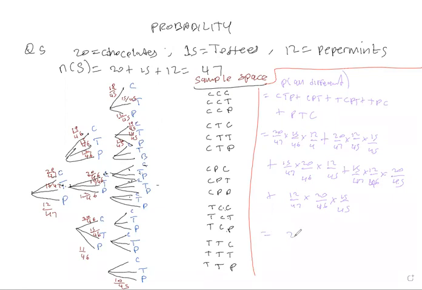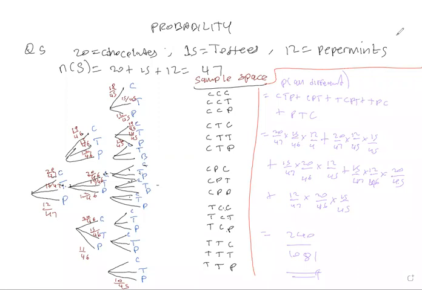You should be able to get something similar to this, 81 as the probability. Okay, so we can go to the next slide and get to the next probability.